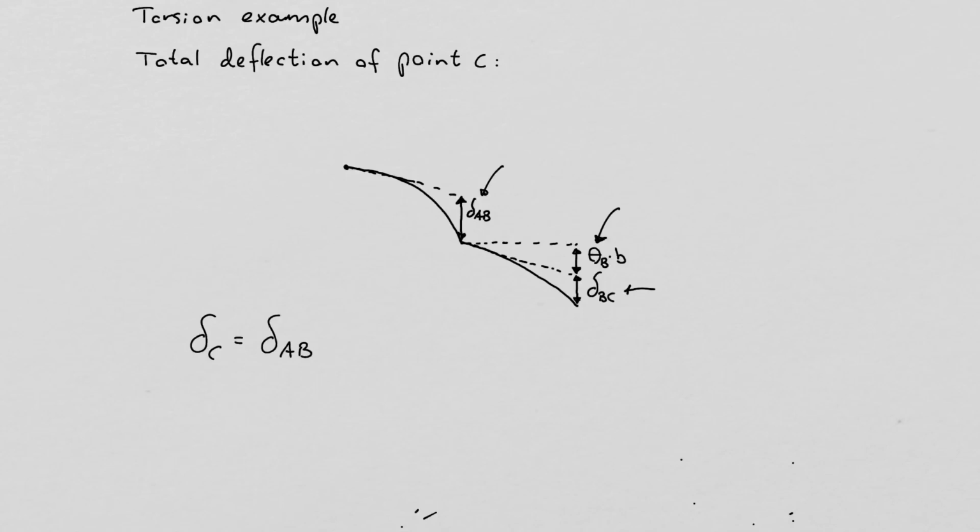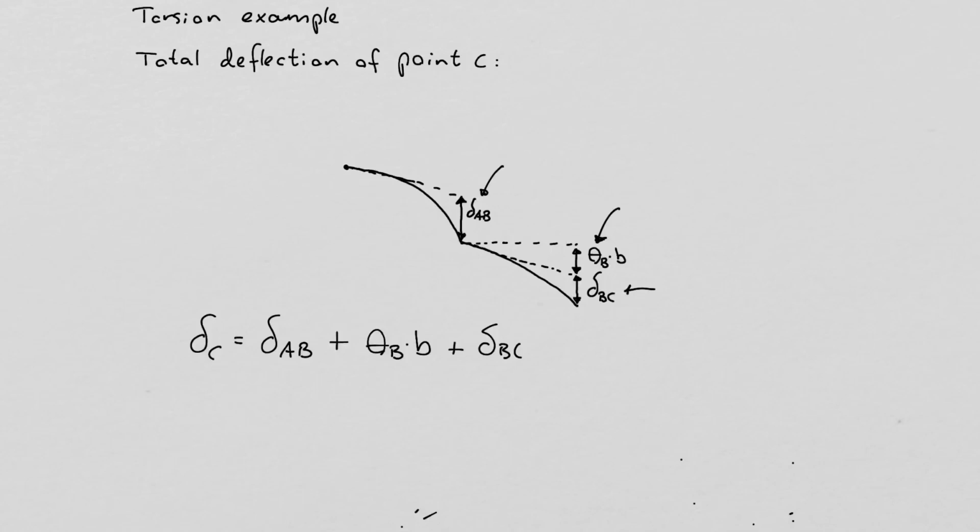is the sum of all these contributions, where the second one is probably the one that's a little bit hard to understand, that we have the rotation and a rigid body contribution from the handle that gives rise to an additional vertical deflection. And then we have delta BC here.